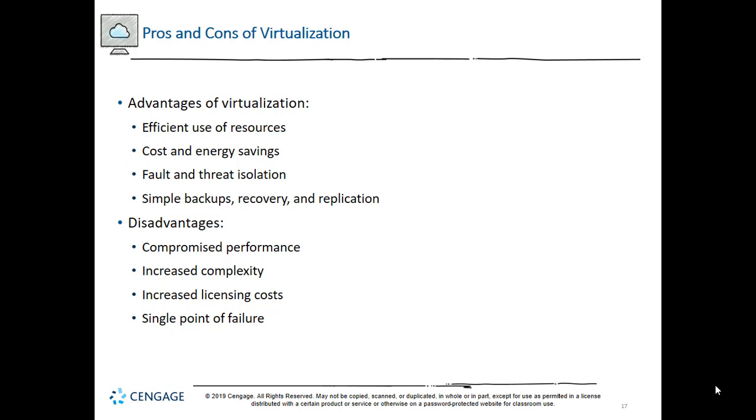And then fault and threat isolation. In a virtual environment, the isolation of each guest system means that a problem with one guest does not affect the others. So, for example, your instructor might create multiple instances of an operating system and applications on a single computer that's shared by several classes.